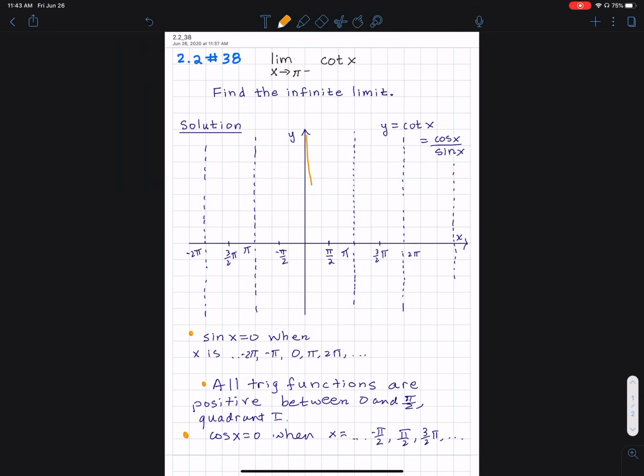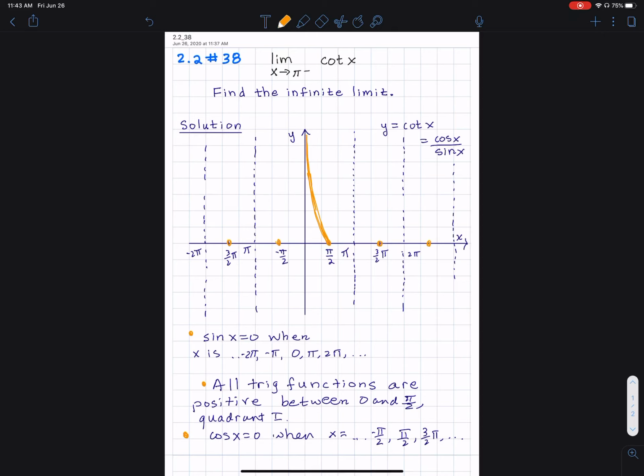That's when cosine x is 0. Cosine's in the numerator. So when cosine x is 0, the fraction cosine x divided by sine x is equal to 0. So those are going to be our x-intercepts. And so we have these vertical asymptotes. I'm going to sort of just tell you what it looks like.